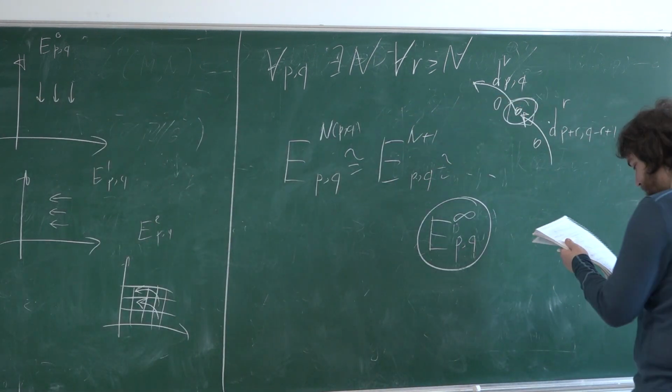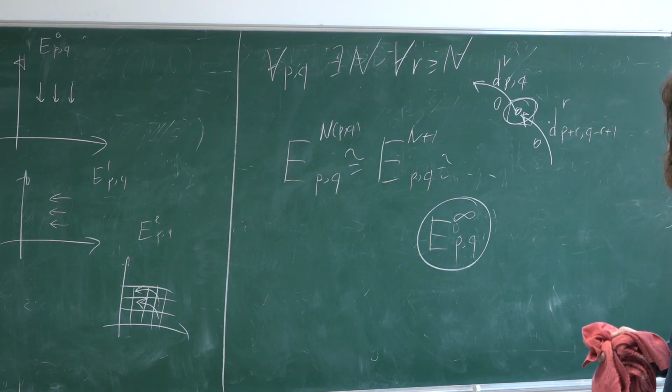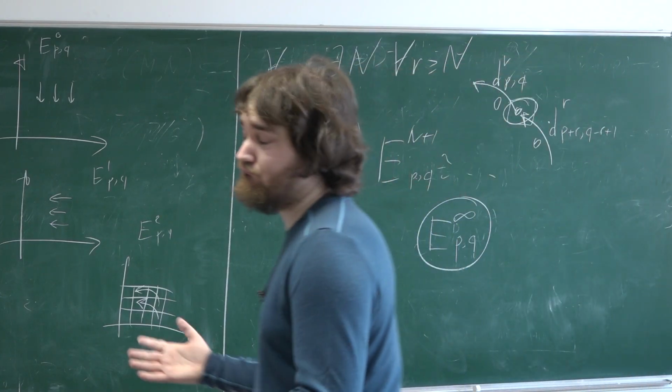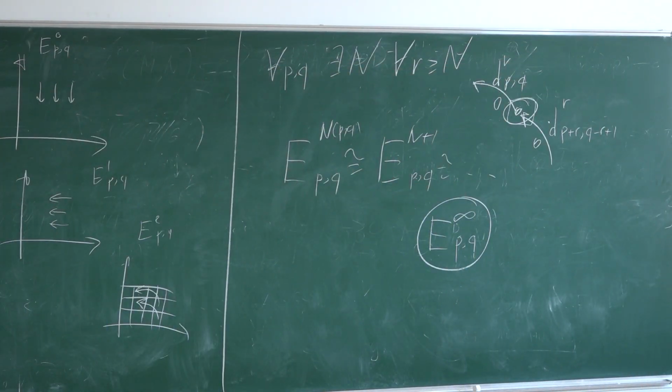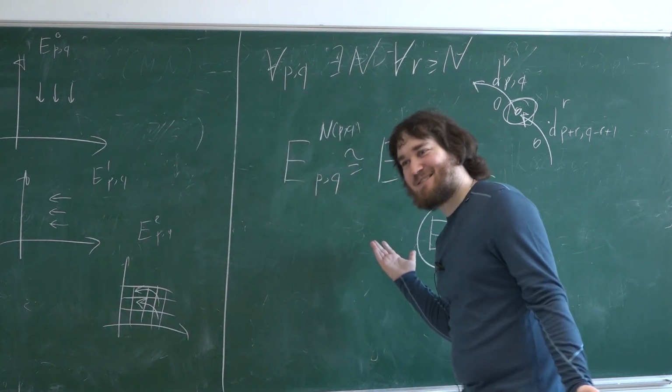Okay. Can it be so? Since p and q are from Z, this page is infinite. It can happen, I think, that this n, when we travel along, for example, this line, can increase. I mean, for each square it's finite. But in general, it may happen that such n doesn't exist.